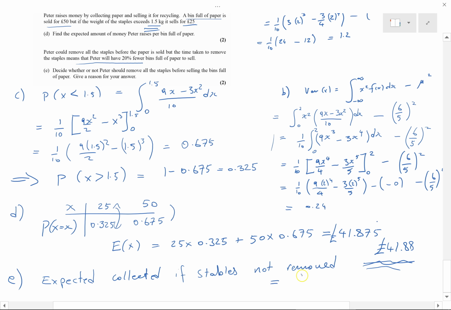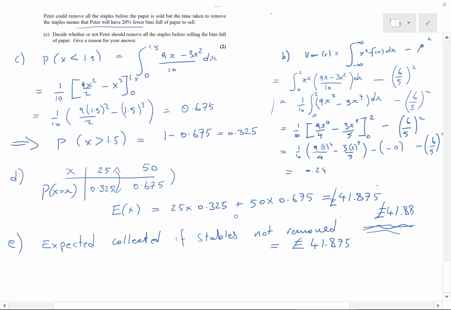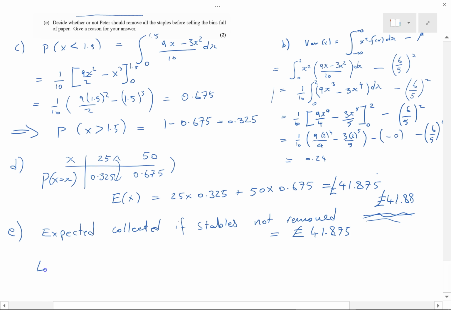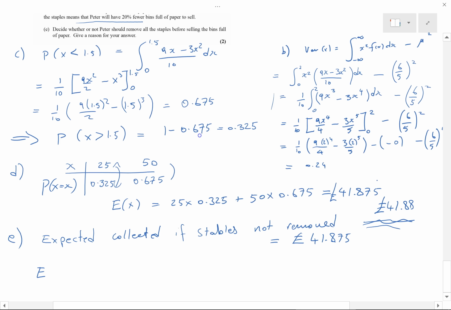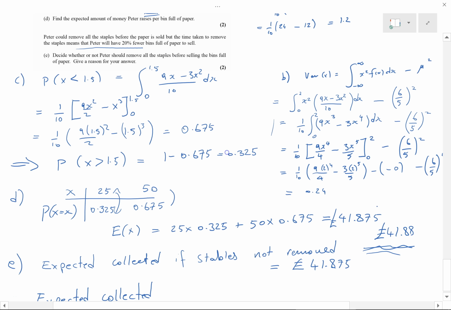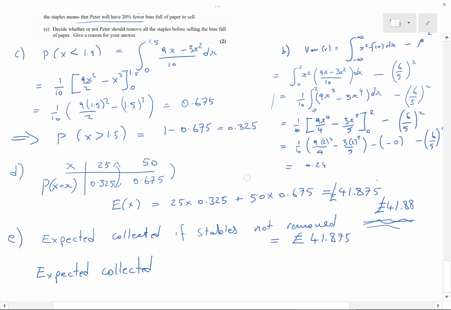So that's equal to £41.88 or 41.875, whatever. But if he removes the staples, he's going to only have 20% fewer bins full of paper to sell.